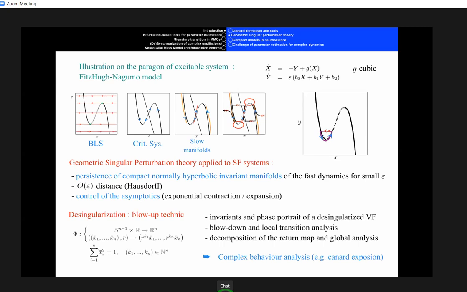Just this, which is the main strange behavior that we can see in such slow-fast systems, named the canard phenomenon. Mainly we have some limit cycles that appear in the FitzHugh-Nagumo model, depending on a certain parameter. We don't care whether it's B0, B1, or B2; we can produce such a phenomenon with any of these parameters.